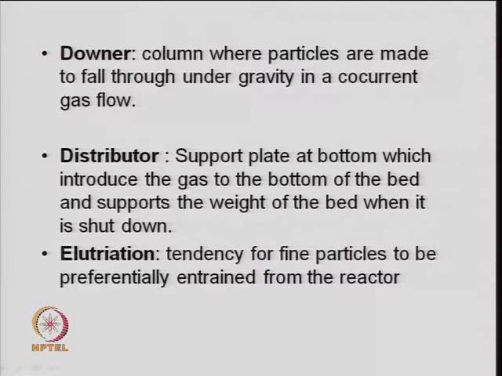So, gas is moving up and particles are falling down, and that is known as the downer, especially in the fluid catalytic cracking unit, where there is a riser and also a downer.